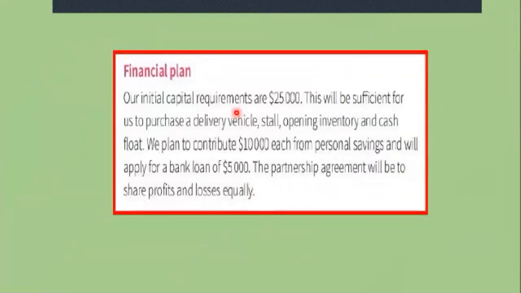The financial plan: our initial capital requirements are 25,000. This will be sufficient for us to purchase a delivery vehicle, store, opening inventory, and cash float. We plan to contribute 10,000 each from personal savings and will apply for a bank loan of 5,000.